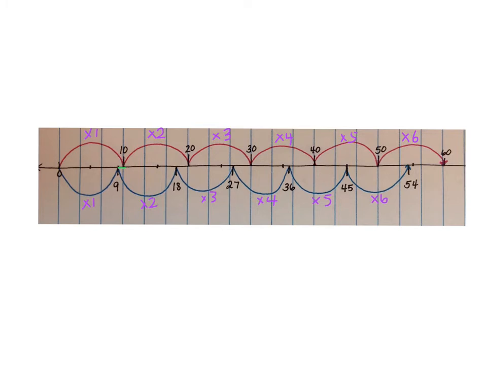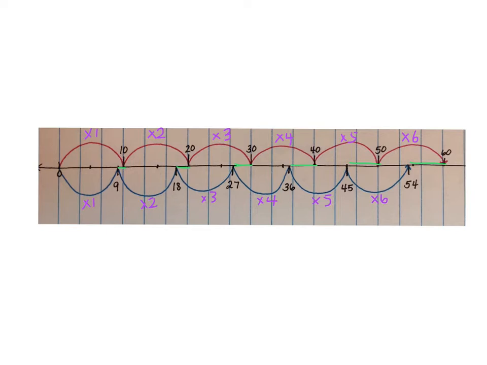So the difference between each one, you can see, is getting larger. The bigger kangaroo is able to jump further, and the distance that it's getting farther ahead is greater each time.